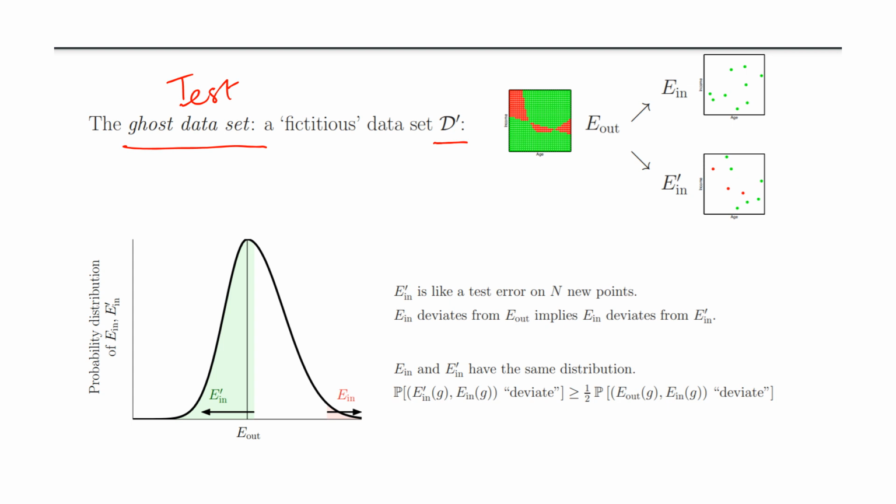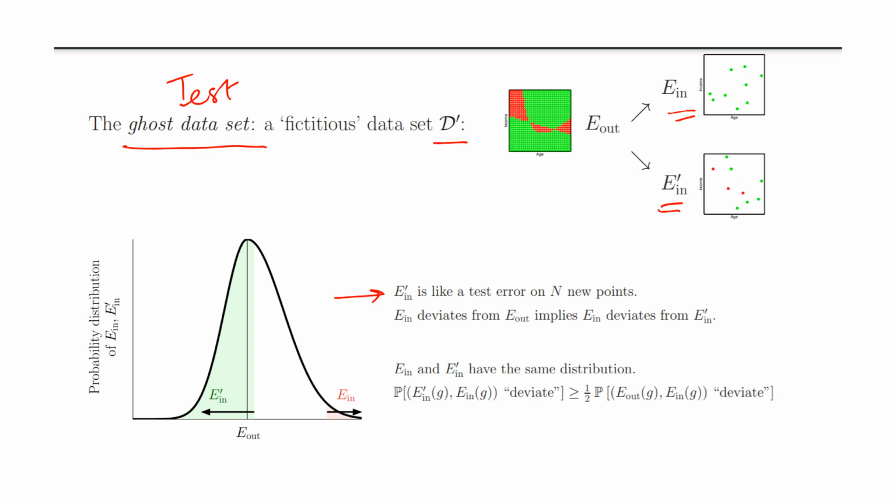The way it differs from the sample on which we calculated E in is that this E in prime will be calculated by generating not the same sample but another sample, and then the error is computed on this new sample. So we will get a different E in prime. And remember, g wasn't selected on this new sample. g was selected based on E in. So E in prime is like a test error on n new points.